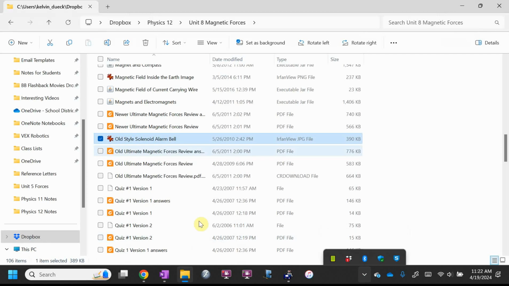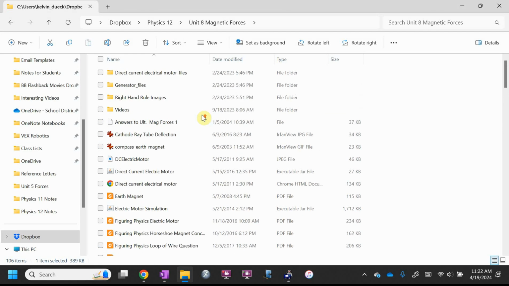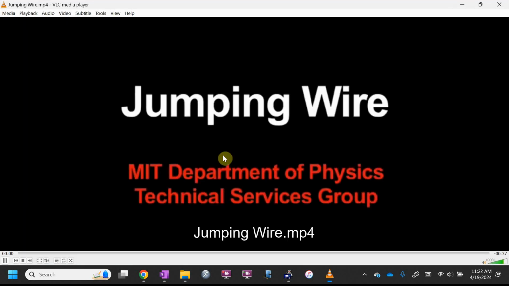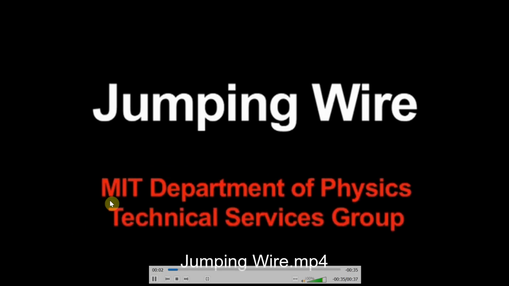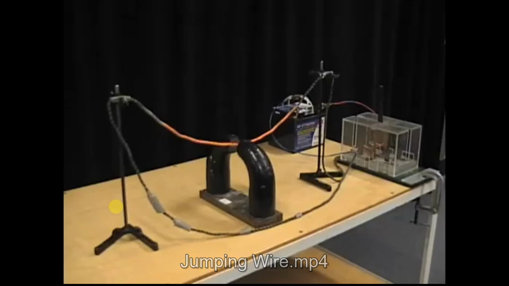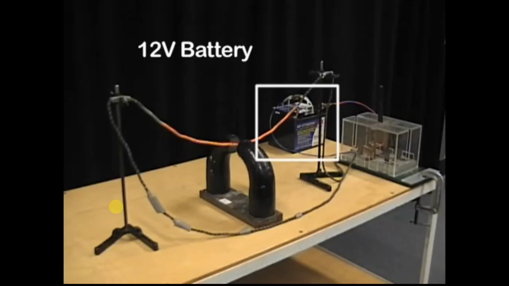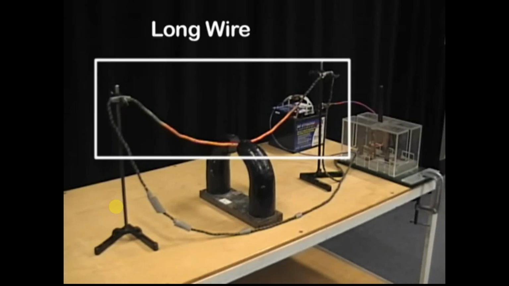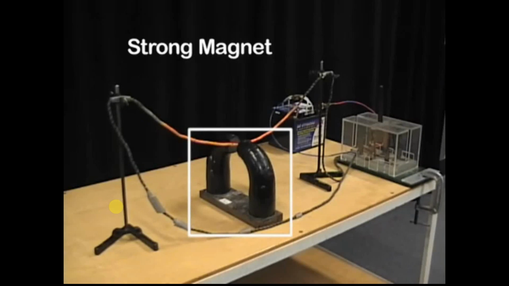Put your pencils down, look up. Here is an example of a wire experiencing force. 12-volt car battery, on-off switch, and strong magnet.